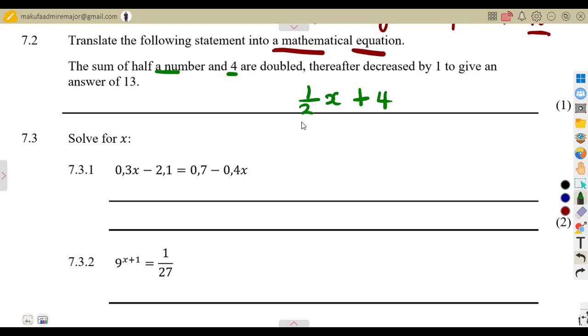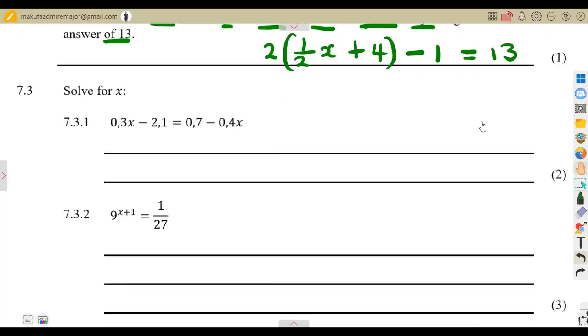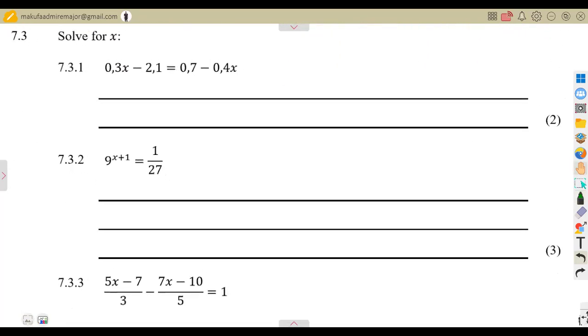So this is the sum, half a number and 4, doubled. So to double, that is to multiply this by 2. Thereafter decreased by 1 to give an answer of 13. That's it. Guys, do revise as many questions as you can.